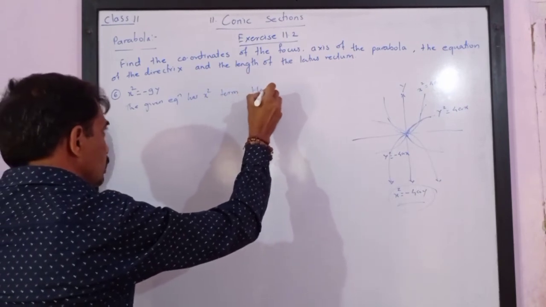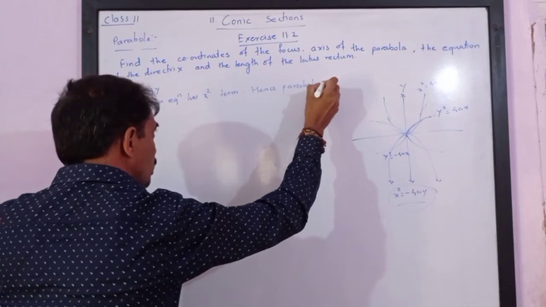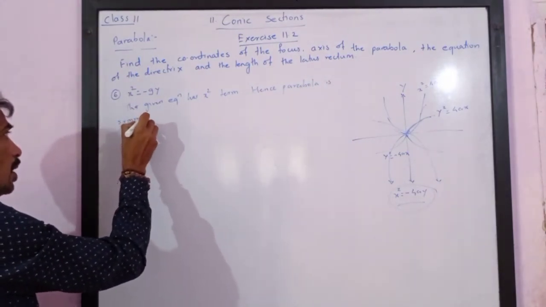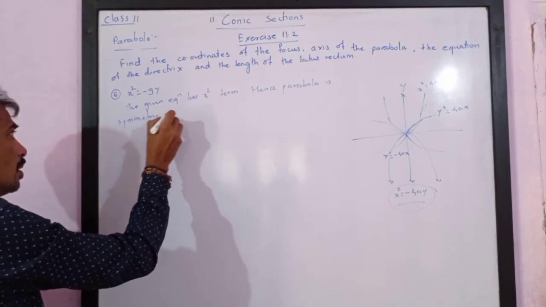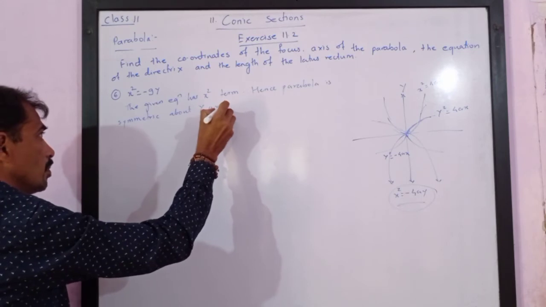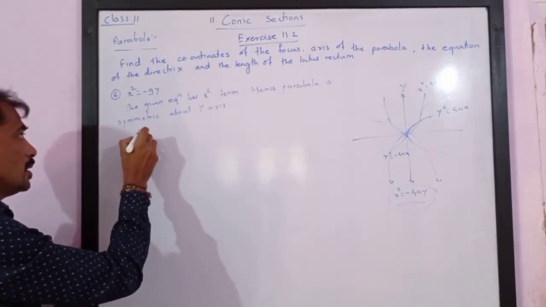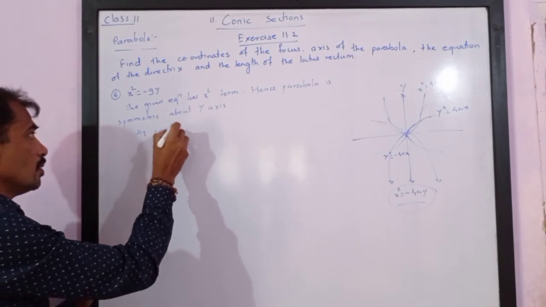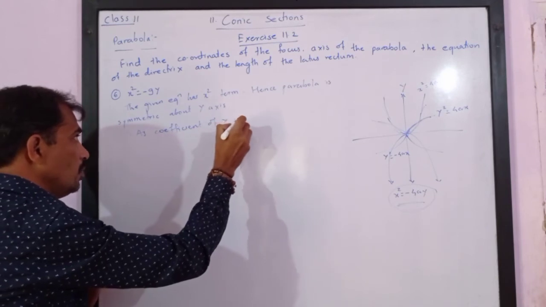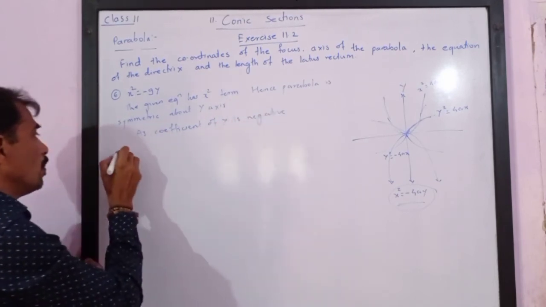Hence the parabola is symmetric about the y-axis. Now, since the coefficient of y is negative, the parabola opens downward.